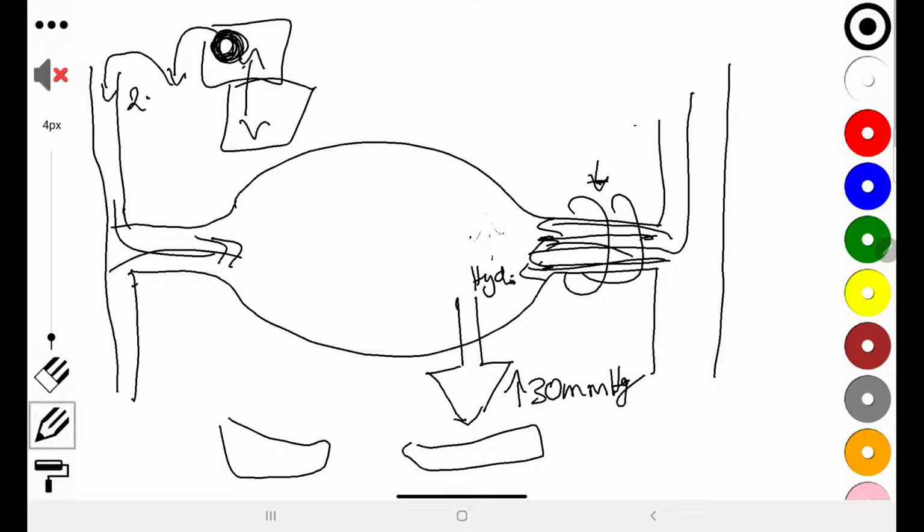This pressure could increase because the ventricle is not pushing out blood to where it's supposed to, to the pulmonary system. So there is a lot of pressure in the atrium, and it will communicate that pressure to the venous side, and that will also communicate it back to the capillary.